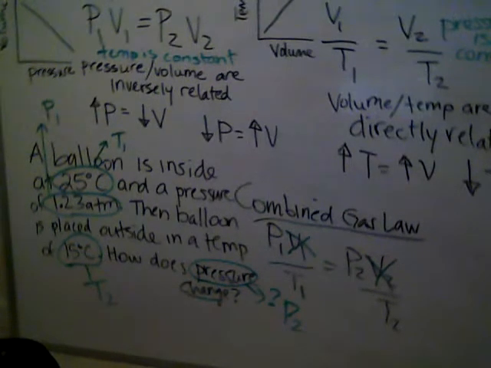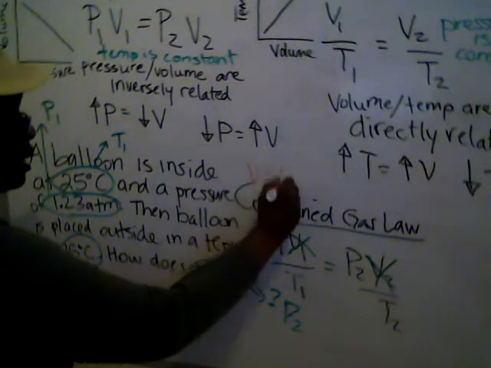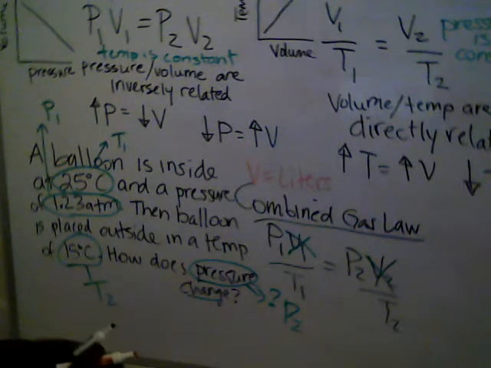Now, a couple things to keep in mind when we use these equations. There are some units that you have to use. Volume has to be in liters. So it's very important that your volume is in liters. In a word problem, you might get it in milliliters.